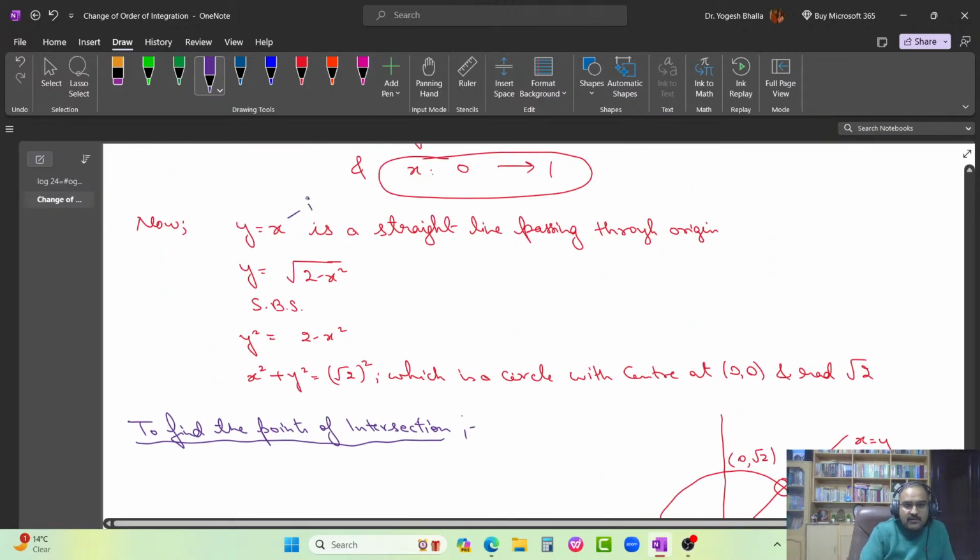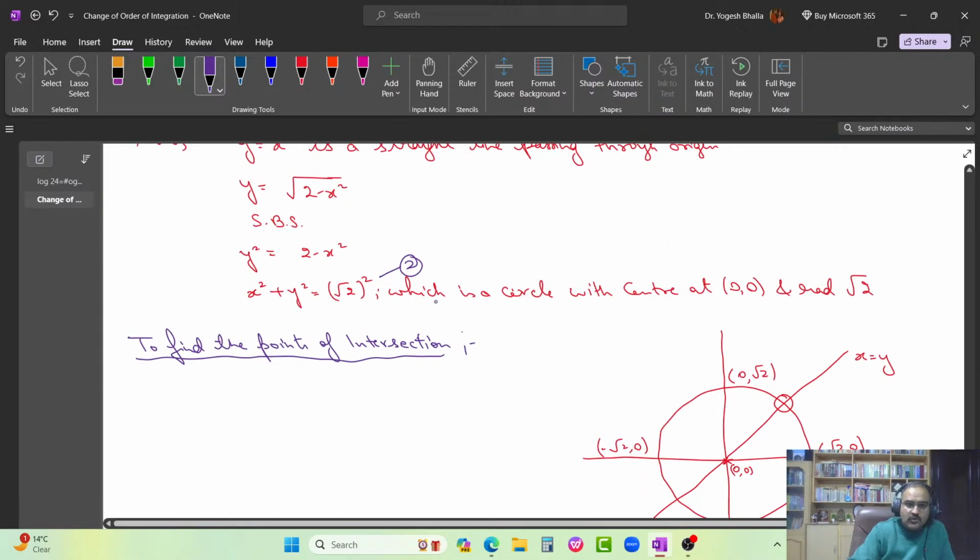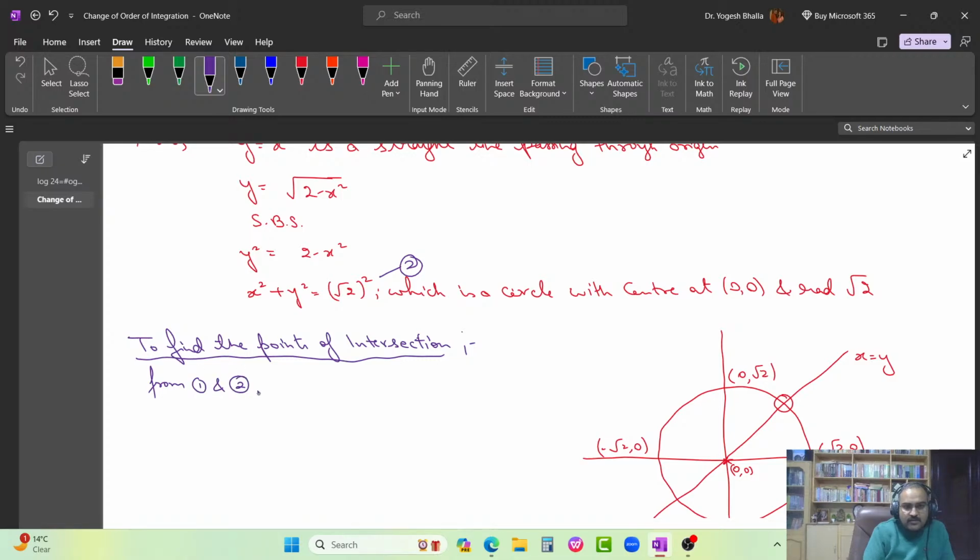This is my equation number 1 and this is my equation number 2. I'll substitute equation 1 in equation 2. From 1 and 2, x equal to y, so y square plus y square is equal to 2, 2y square is equal to 2, y square is equal to 1, so y is equal to plus minus 1.